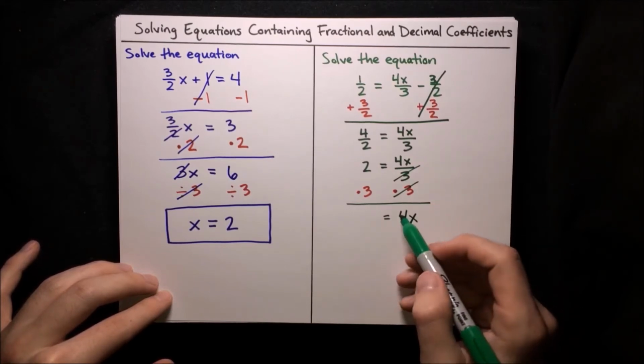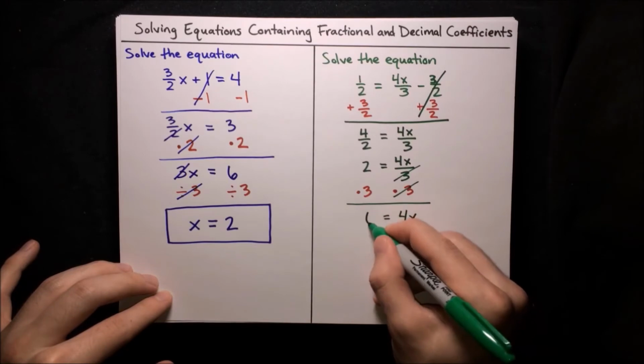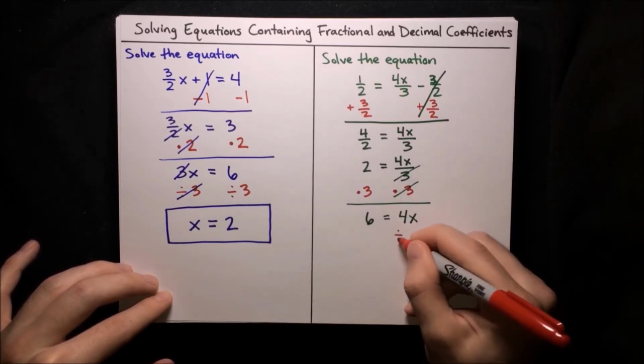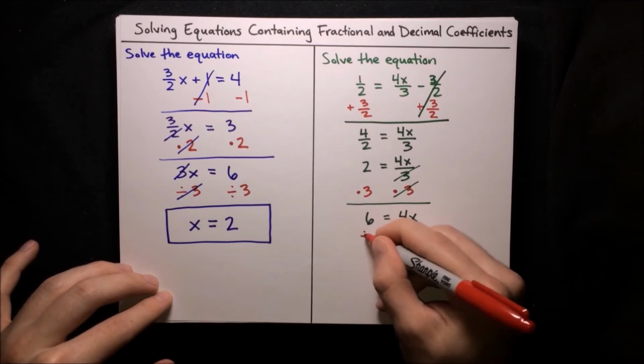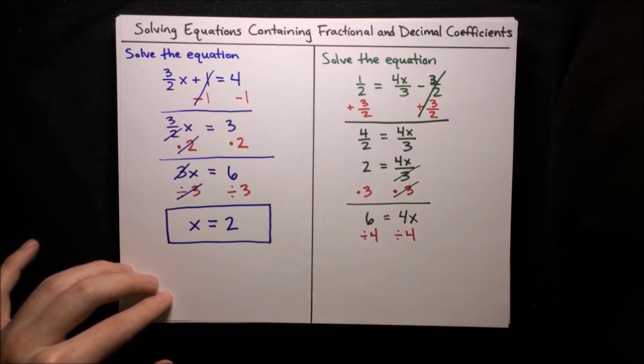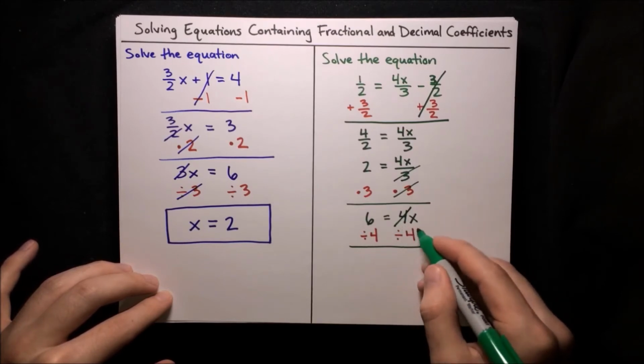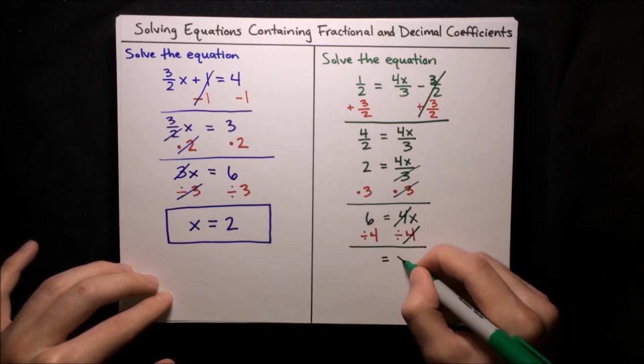And then on the left-hand side, we have 2 times 3, which is 6. Now we just need to get that 4 off of the x, and we can do that with the multiplication principle. We just divide by 4. Do that to both sides, so that we're not changing the solution at all. And the result, this 4 divided by 4 cancels, and we just have x on the right-hand side.